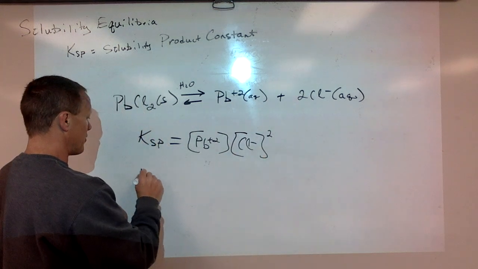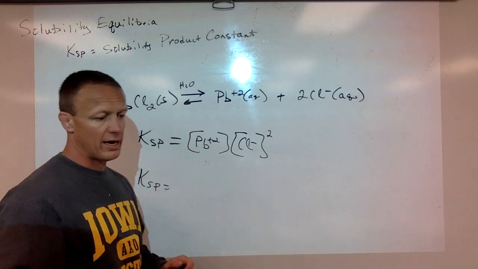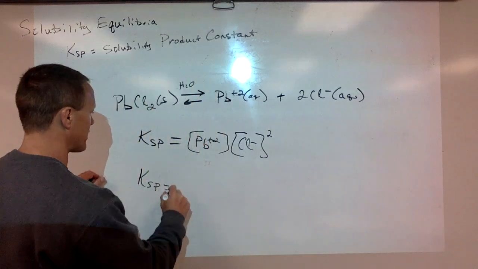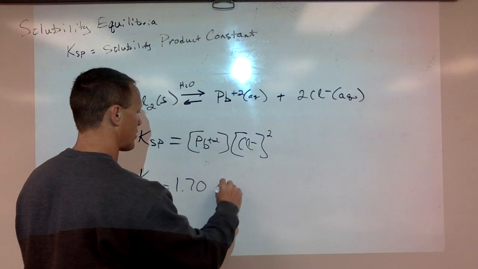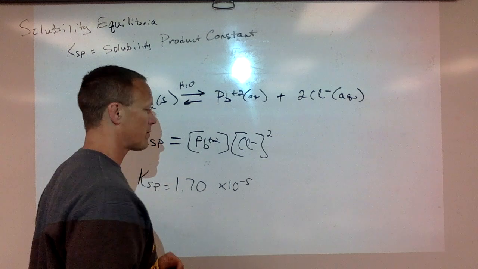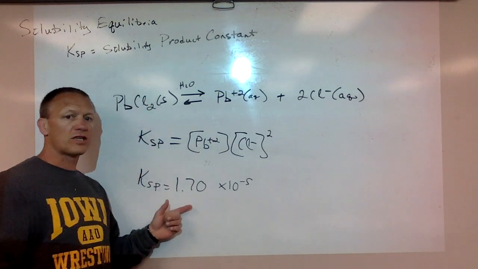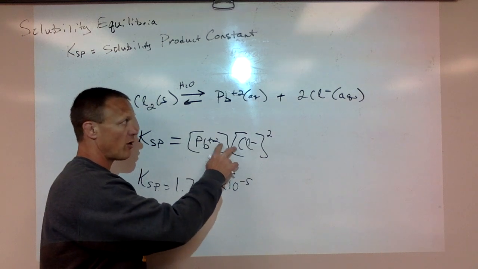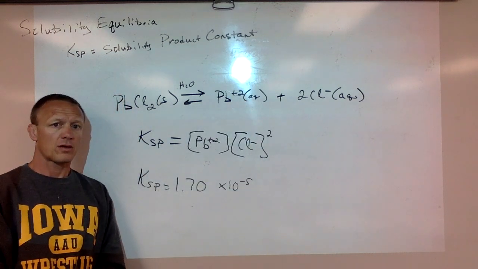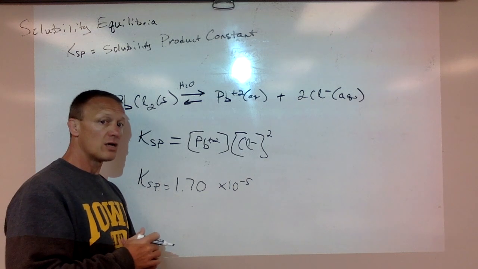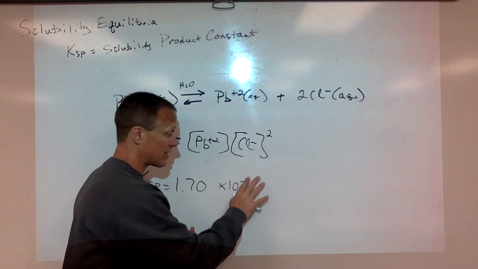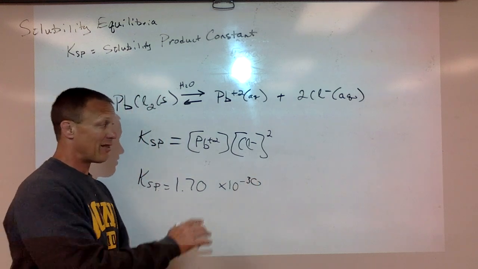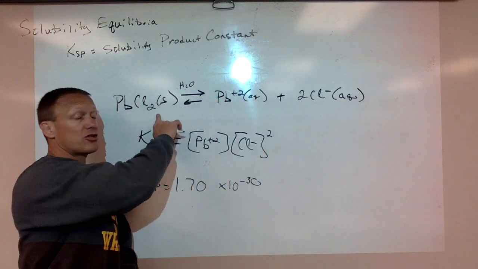The KSP value for lead chloride is 1.7 times 10 to the negative fifth. The smaller this number, the less is dissolved, meaning it is less soluble. If it's a really, really small KSP value, say times 10 to the negative 30th power, that means there is not very much of this stuff. It's staying pretty much as a solid.